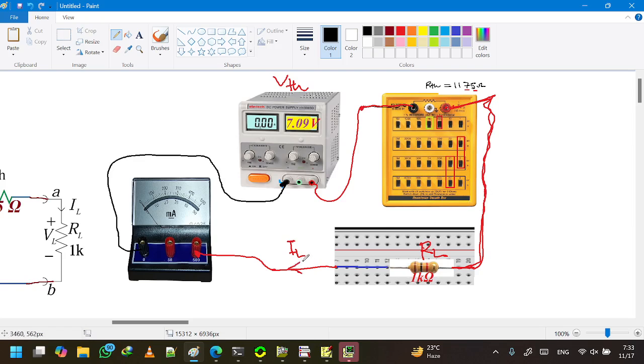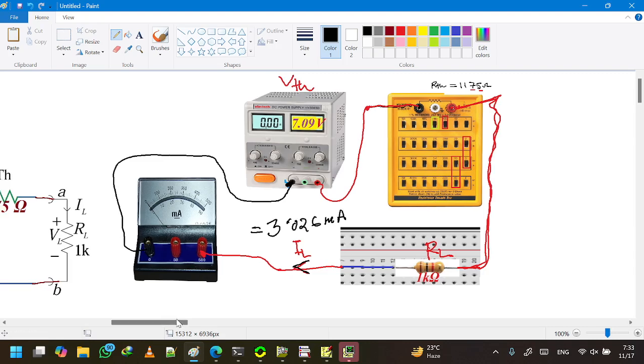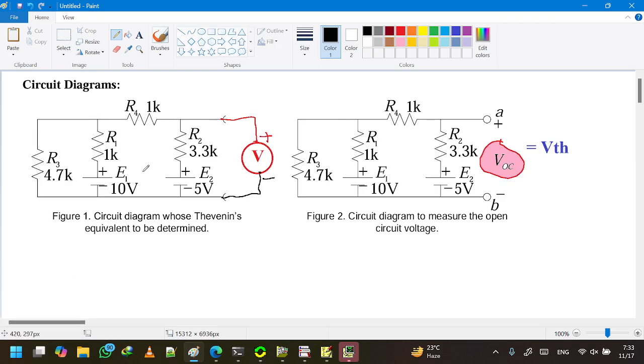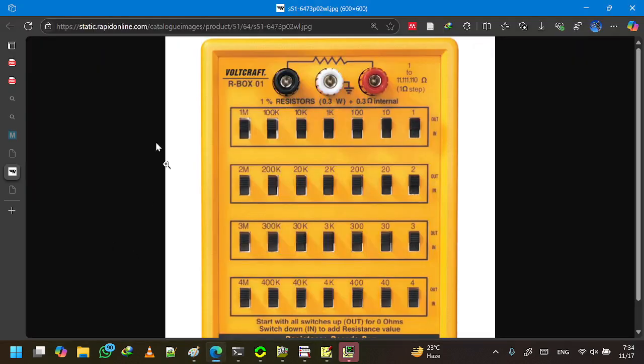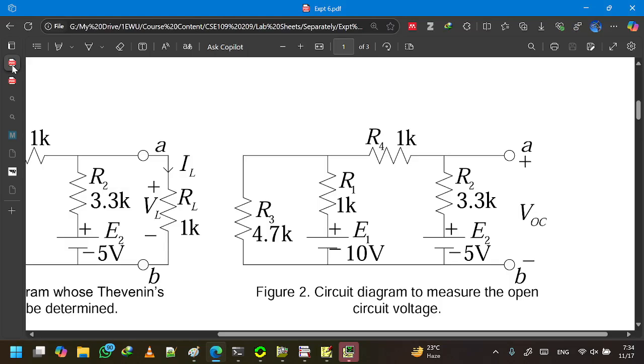So right now we will have the ammeter reading, and the ammeter reading will give us IL. We are expected to see the same IL we had earlier. So IL should be 3.026 milliampere. So this proves that this simple Thevenin circuit is giving the same load current as the original circuit of our lab sheet.